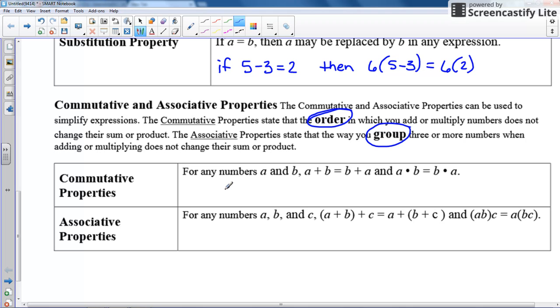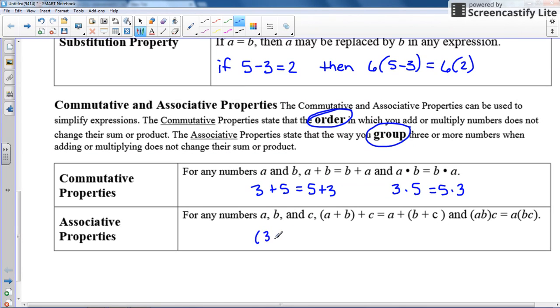So for example, with the commutative property, with addition, we could have 3 plus 5 is the same as 5 plus 3. If we're multiplying, we could say 3 times 5 is the same as 5 times 3. And then with the associative property, same basic concept.